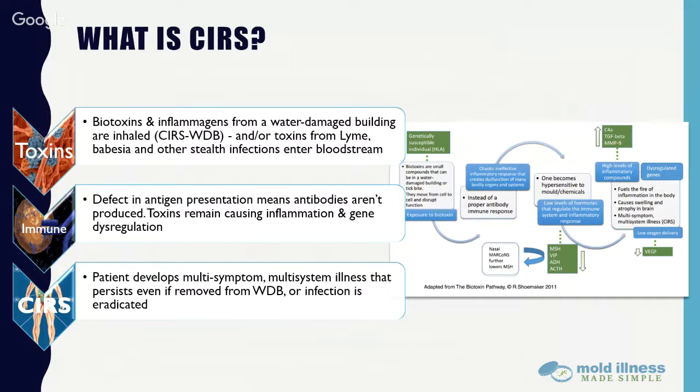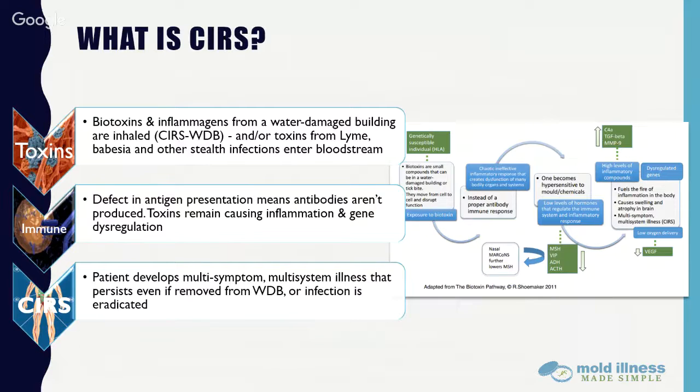And what Dr. Shoemaker has done is he's identified the genetics involved. There's HLA testing available that will identify those individuals that Dr. Shoemaker terms are either Lyme susceptible or mold susceptible.